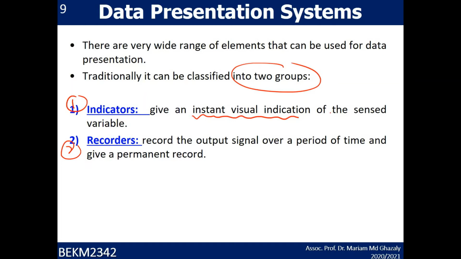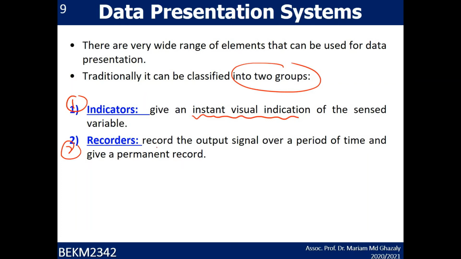For example, if there is an alarm or warning system, normally you will hear an alarm, a buzzer going off. That one is known as an indicator, directly giving you an instant indication. Or normally you will see a light blinking if there's a warning system. That means a visual indication.